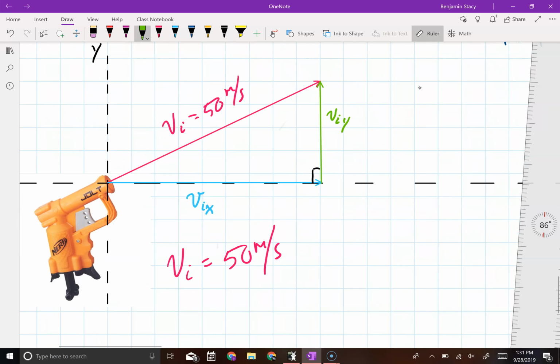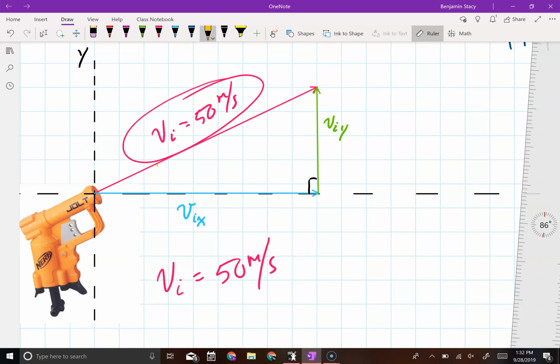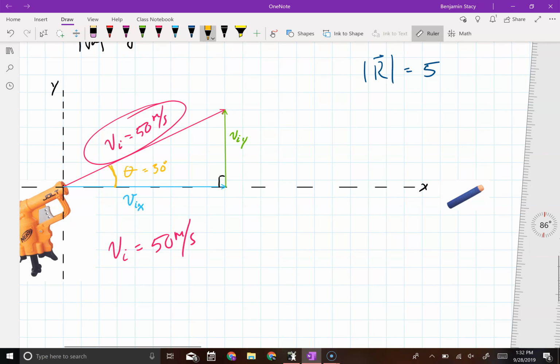And what we need in order to do that is the hypotenuse of this right triangle, which we have, but we also need the launch angle. There's the launch angle. We're going to call our angles by Greek letters, so this guy's theta. Why not? And I'm going to go ahead and say that it's launched at 30 degrees. That's something we know. So the question now is, how do we find VIX and VIY?